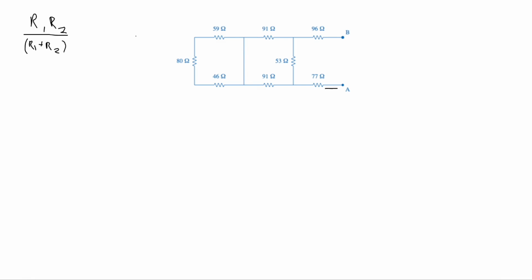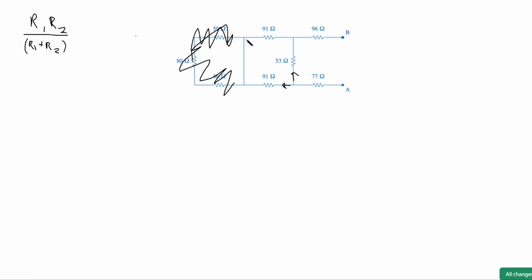So we can just essentially cross all this out. This isn't even important anymore. Now we need to focus on this sector of the equation. As you see, we have a 53 ohm resistor going this way, and then a 91 ohm resistor that the current traveling will go here.